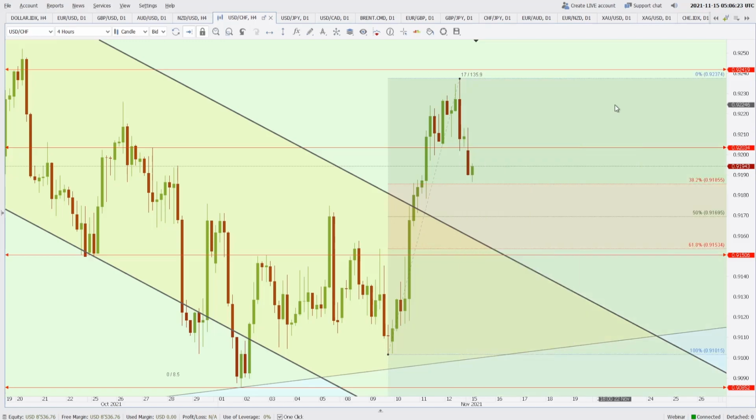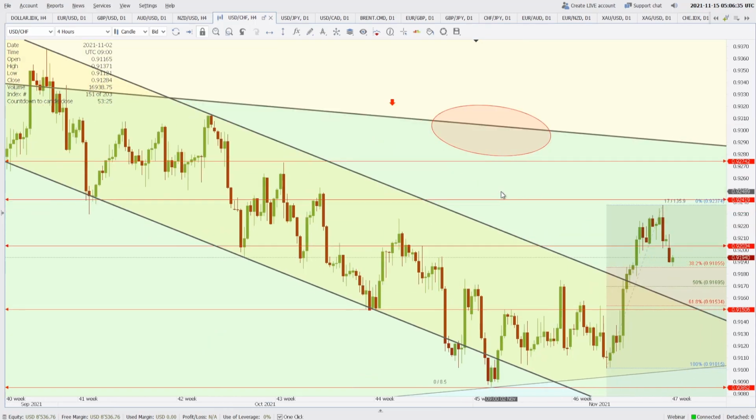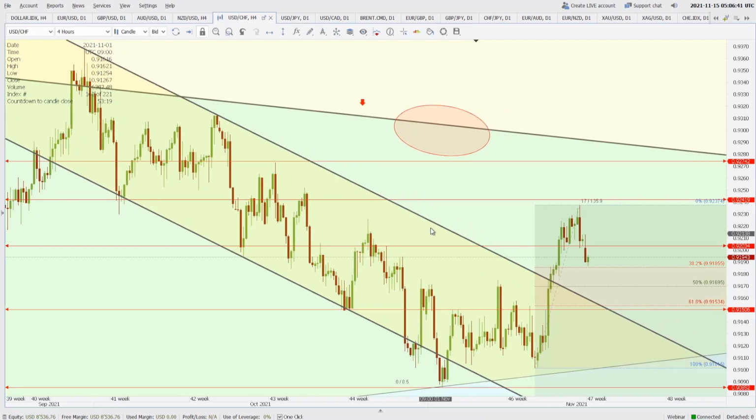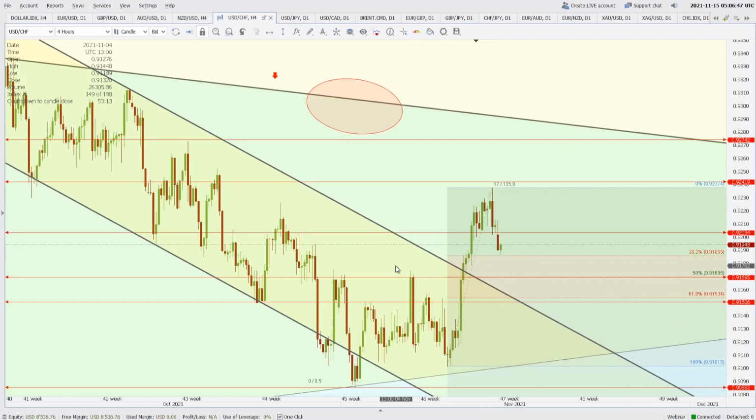So yes, this is how it seems, and we are now expecting the price to hold 38.2%, or if it does not hold 38.2%, you see how 50% aligns itself with these two highs here and these lows here. So this may be a very good area of congestion, or you can say an area of inflection for the price, because it aligns with the 50% retracement.